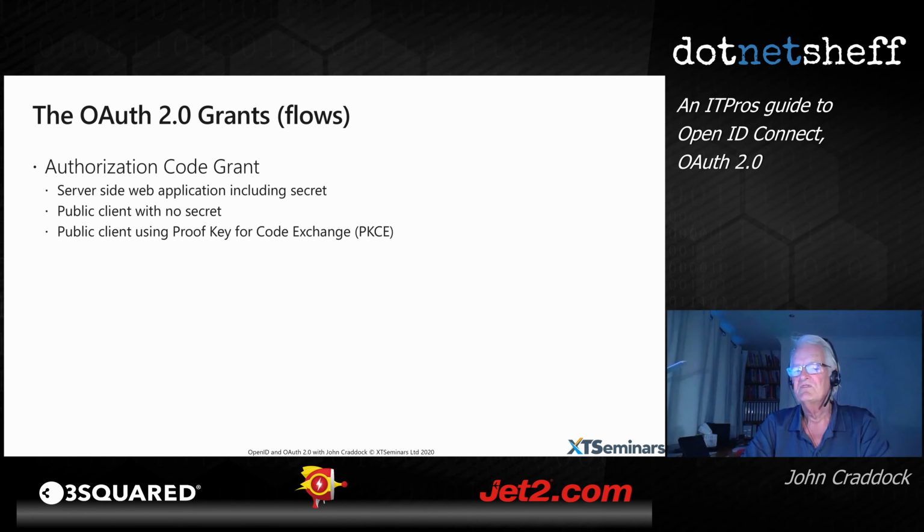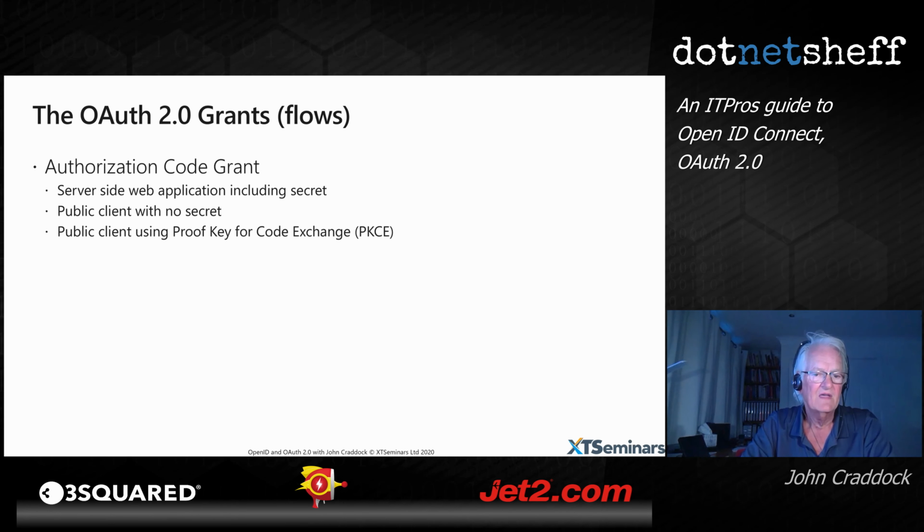There's one which is referred to as the authorization code grant, and what we get back is a code in our initial interaction, and then we swap the code for an ID token, maybe an access token, and maybe a refresh token. That works beautifully if you've got a confidential client in the data center. It's possible to use it with a public client with no secret. However, we lose a lot of security doing that.